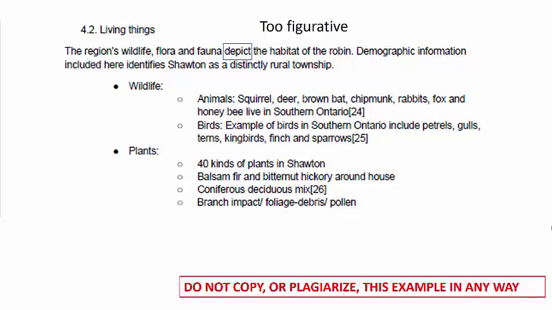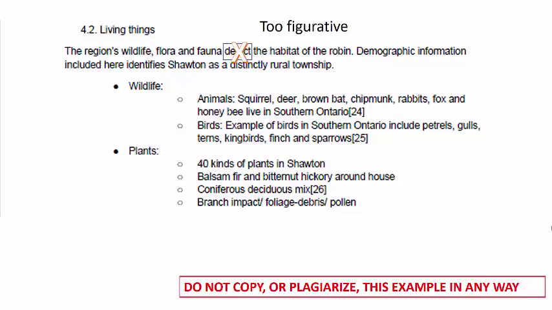So that first sentence has this bizarre word in it, depict. The region's wildlife, flora, and fauna depict the habitat of the robin. And I think this is where they're trying to make that connection, that the living things that they're about to describe are relevant to the life of the bird. But they use this word depict, and that's a poor choice. It's far too figurative.